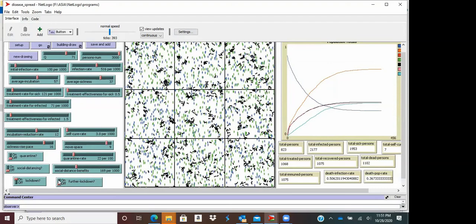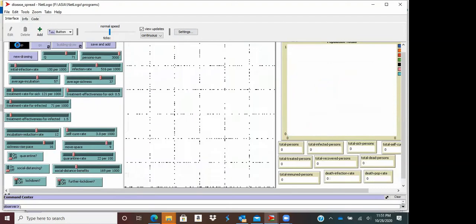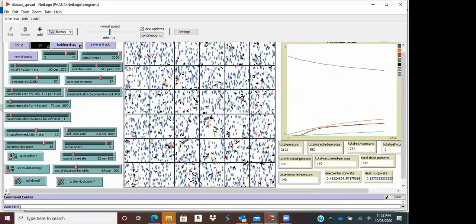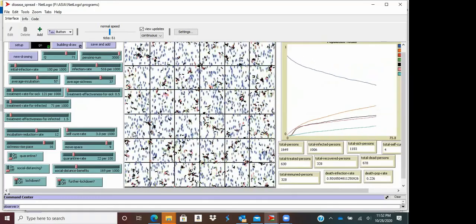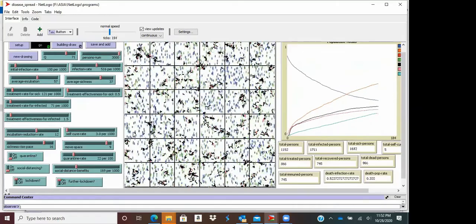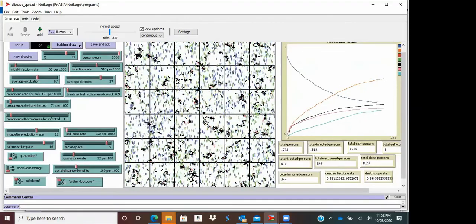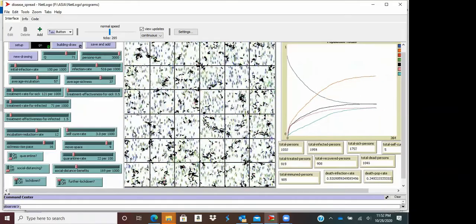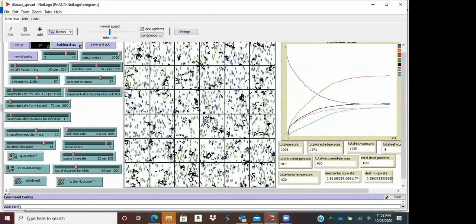In a further lockdown, we build an even smaller area. People can only move around in a smaller space. Let's see what happened here and go. Let's see what happened to the deaths. So this time we still have over 1,000 deaths already.